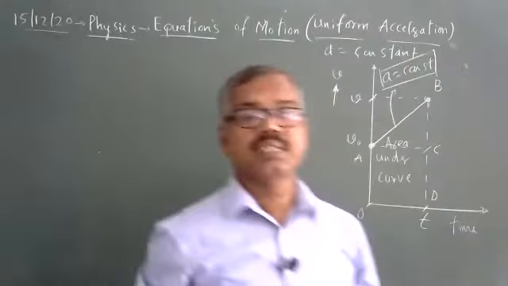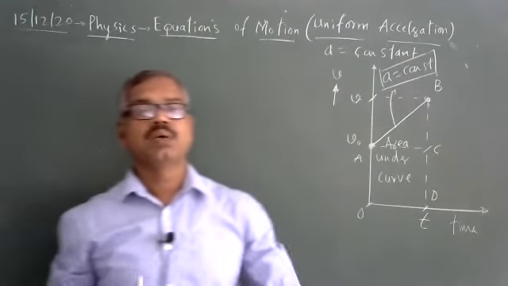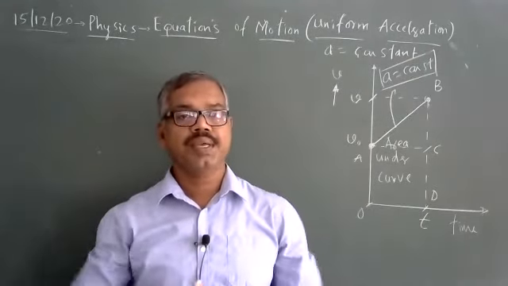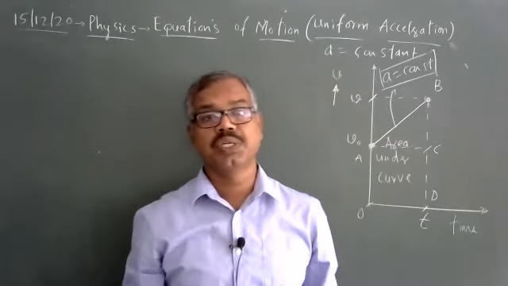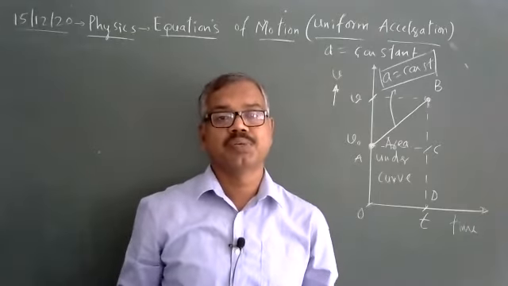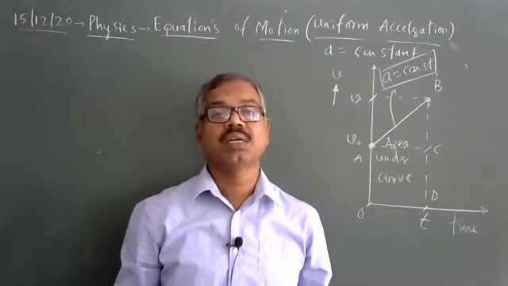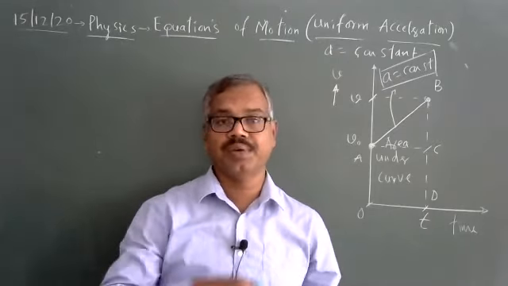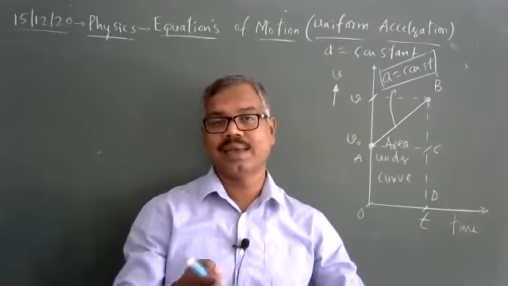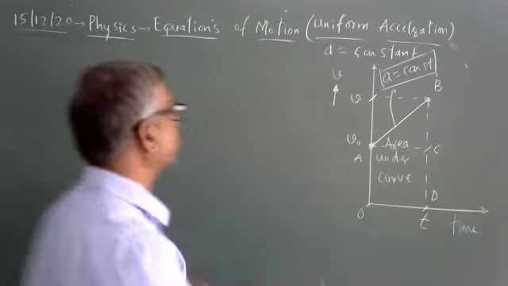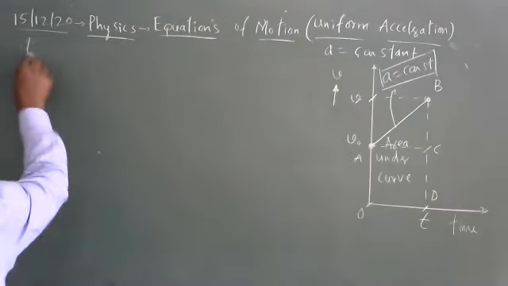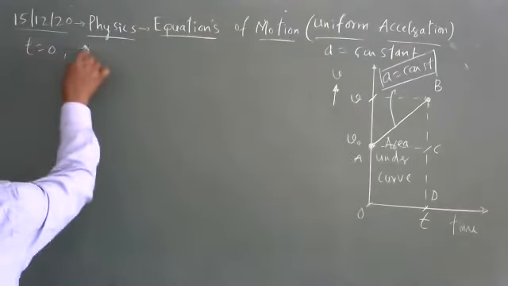The next part: when time was 0, we have taken x equal to 0. Instead, if I take x equal to x naught, some initial position, then the equations of motion which we have derived are slightly modified. The modified forms are here. First, t equal to 0, x equal to 0.